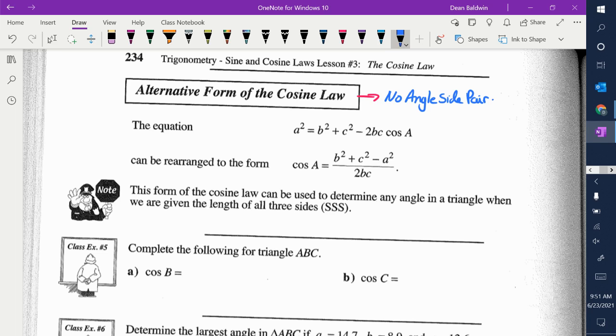Now, yesterday we just looked at it like this form. This allowed us to solve for a side. Remember, lowercase letters are sides, uppercase are angles.